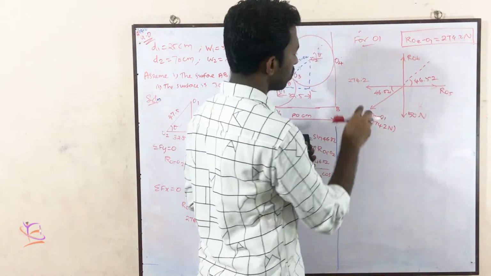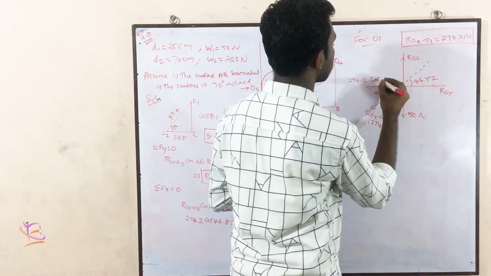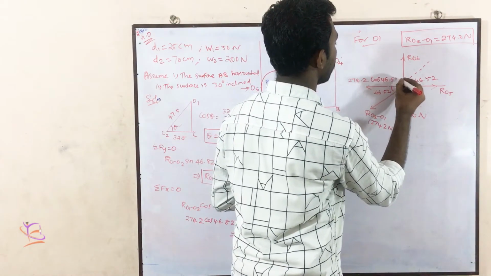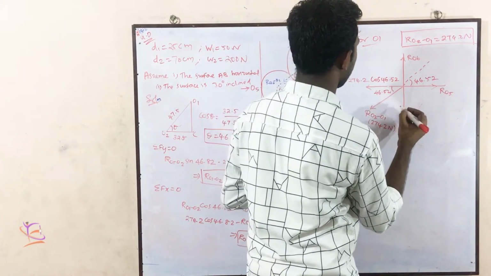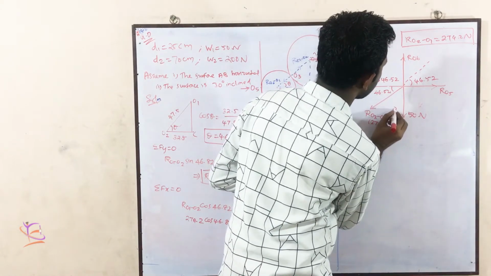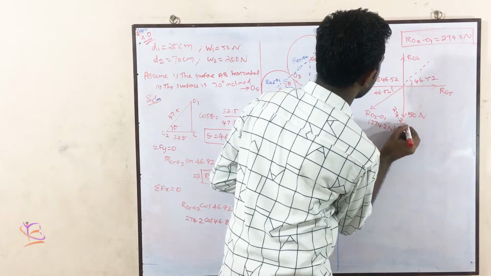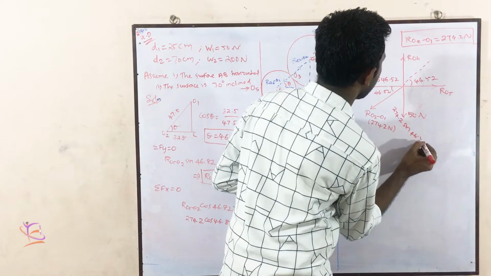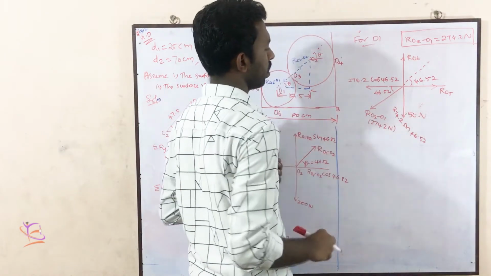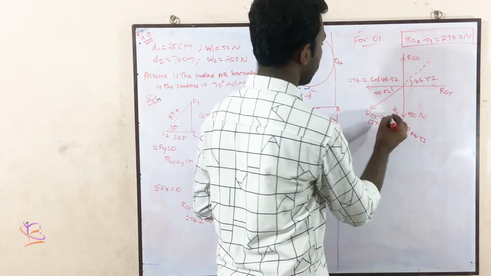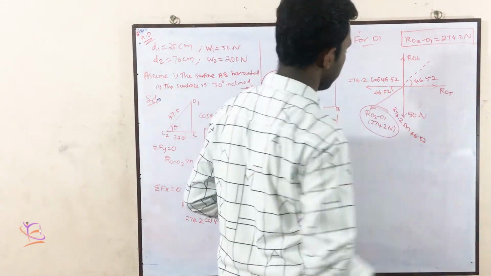So horizontal is 274.2 into cos 46.52, and the vertical component is 274.2 into sin 46.52. So horizontal and vertical are resolved.